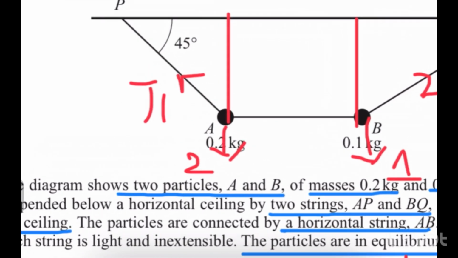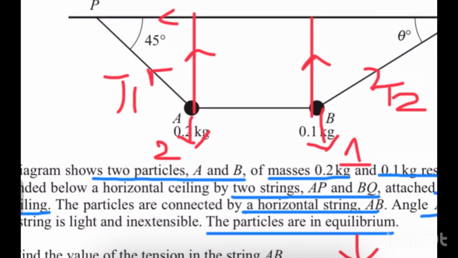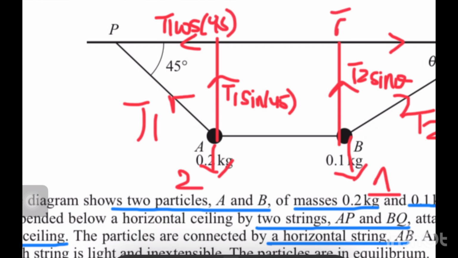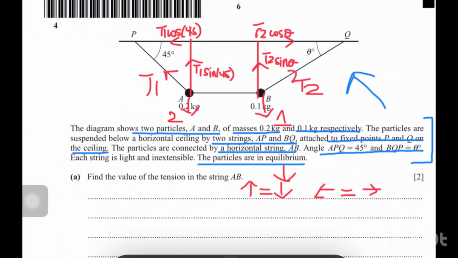T1 will have an upward component like this and a leftward component, while T2 will have an upward component and a rightward component. The upward components will be T1 sine 45 and T2 sine theta, and the leftward component will be T1 cos 45 and the rightward component T2 cos theta. With that, we are done resolving the forces.